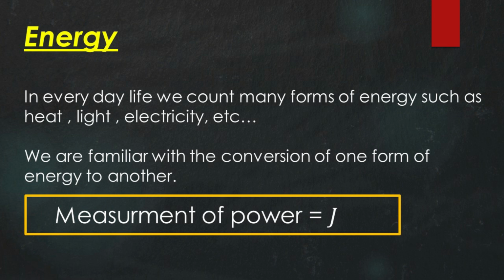I think you all are watching Spellbinder these days. They make electricity using the magnetic field, so magnetic energy is converted to electricity. Electricity can be converted to many forms, light, sound, and so on.